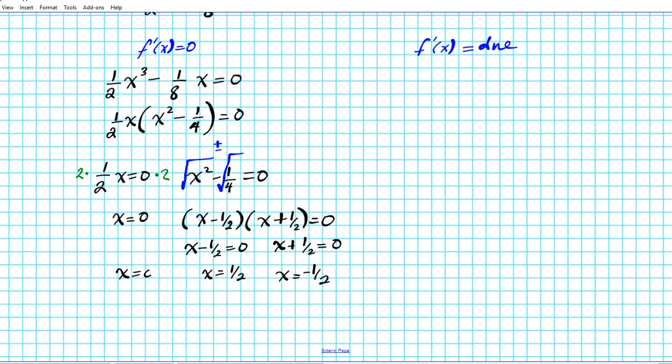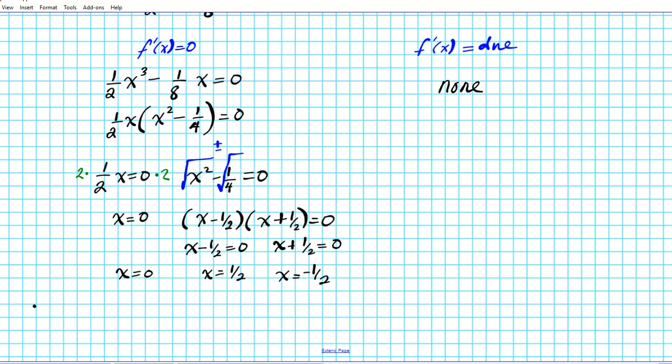Okay, so where is the derivative non-existent? Well, we have a polynomial function. We don't have any funny things happening with the polynomial function. The derivative is defined at every point in the domain. So f prime of x is non-existent where? Nowhere.